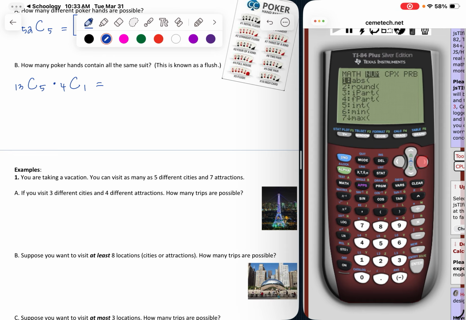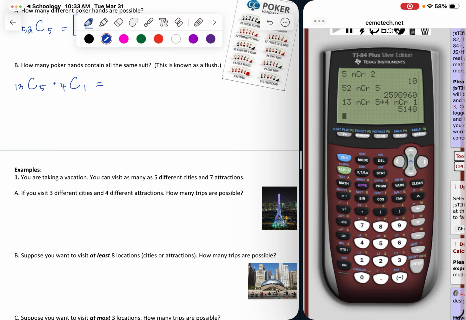13 choose 5 times 4 choose 1. I hope this goes in there correctly. We'll find out very quickly. What does that look like? 5,148.